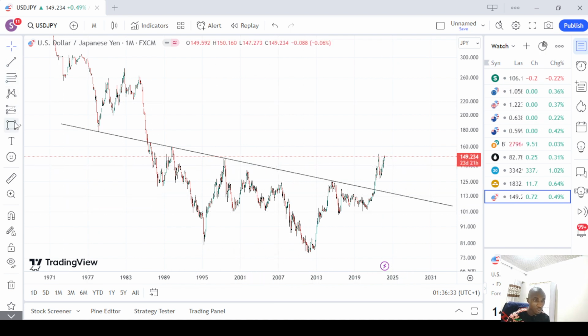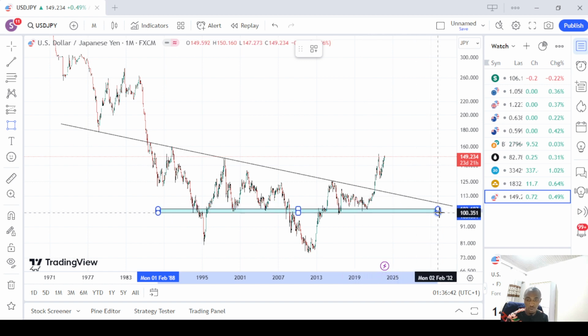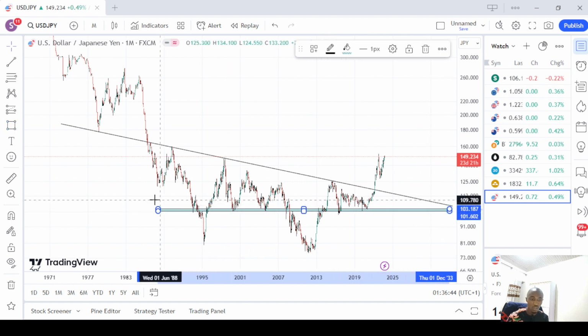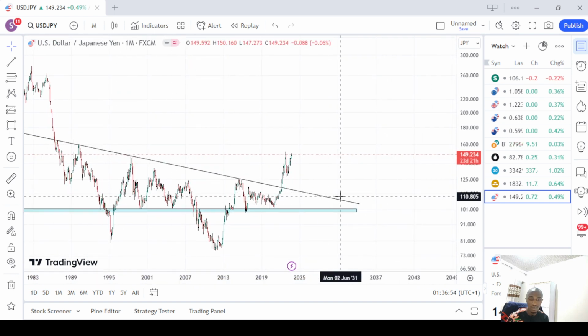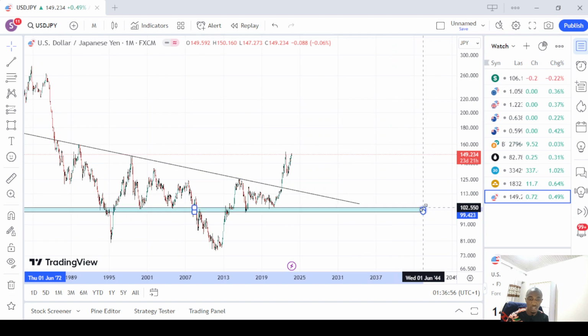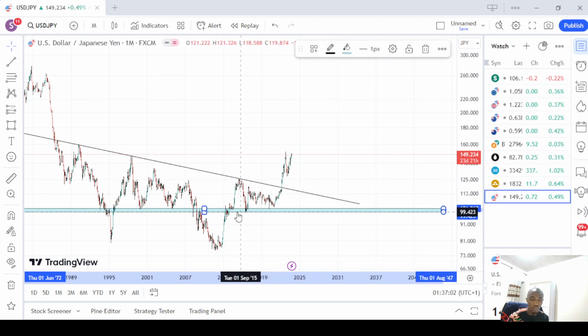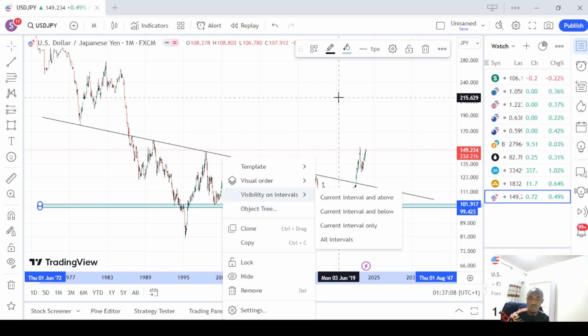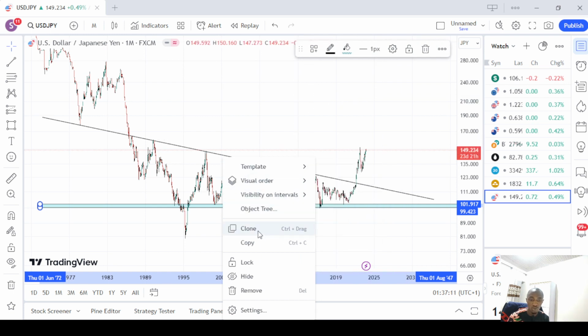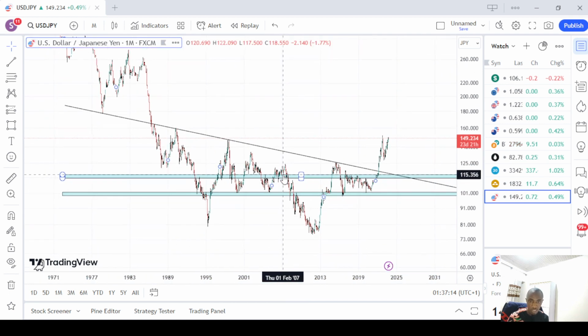So for now, I'll have my rectangular objects. Let me draw the zones. It's as easy as that. In a matter of seconds, you can spot the zones that are prominent. Those that are visible are the ones that you have to look out for.